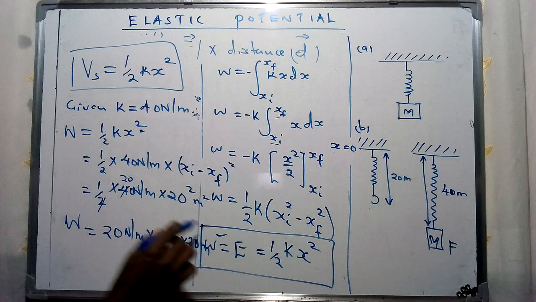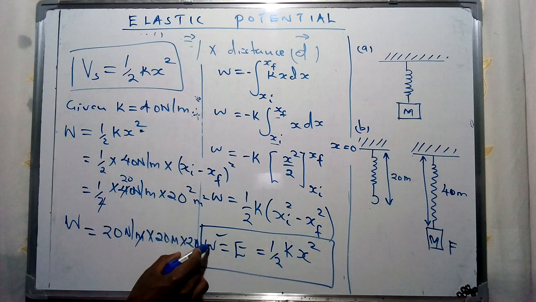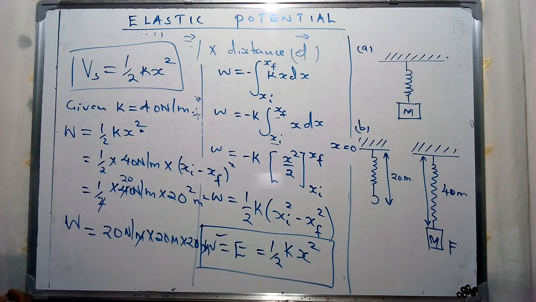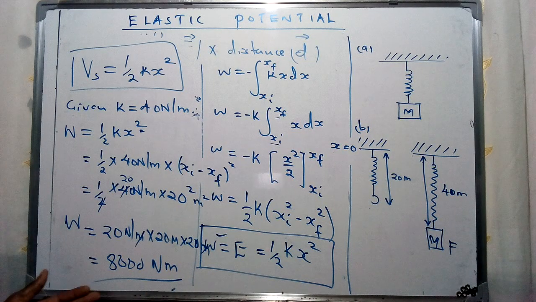I'd like to do an evaluation for these specific units, and therefore we're going to have this given as 8,000 newton meters. So in this case, we are going to conform with the standard units of this specific aspect of our work. And of course, this is going to be equivalent to joules, as we have been discussing from our previous discussion. So basically, we're going to use other conversion units which we are going to come across.